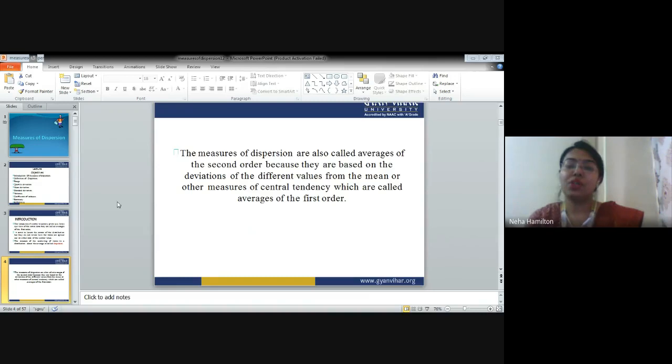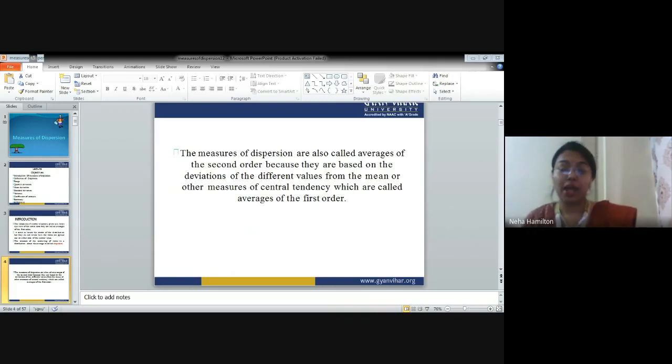Measures of dispersion are also called averages of second order because they are based on the deviations of the different values from the mean or the other measures of central tendency that are called averages of first order. So we need to understand that there are averages of first order and averages of second order. What is averages of first order? In averages of first order, we are calculating the mean, mode, and median, right? That is giving us first-hand information on the median value of your population.